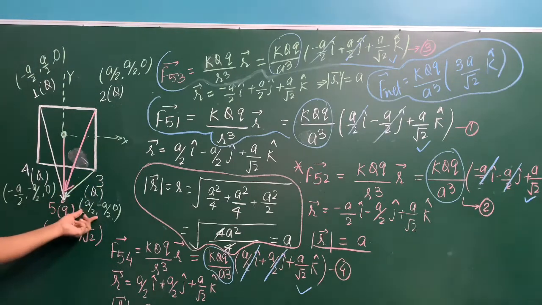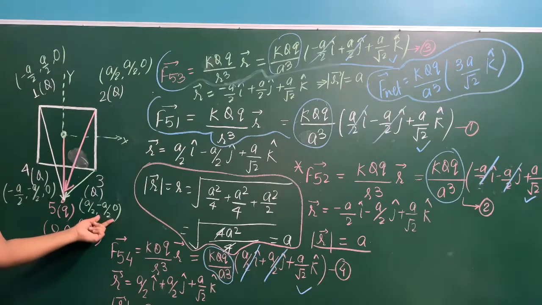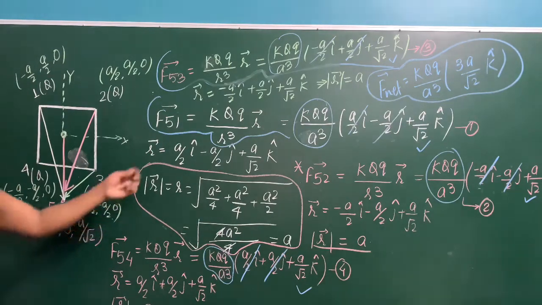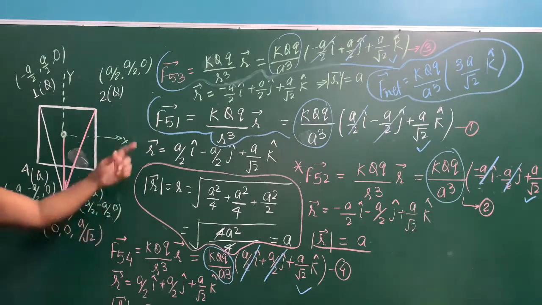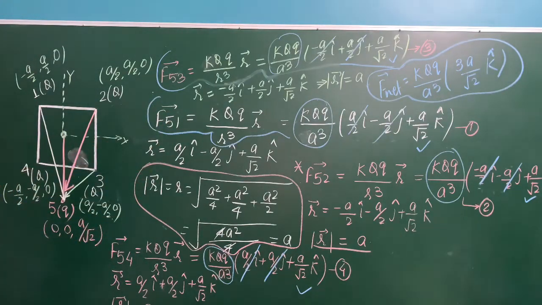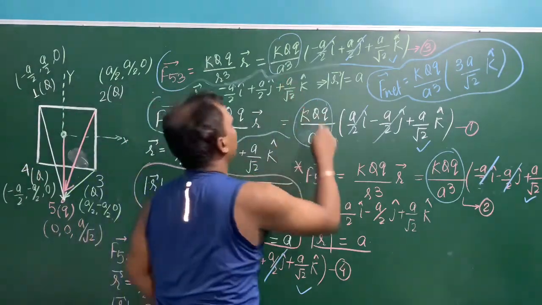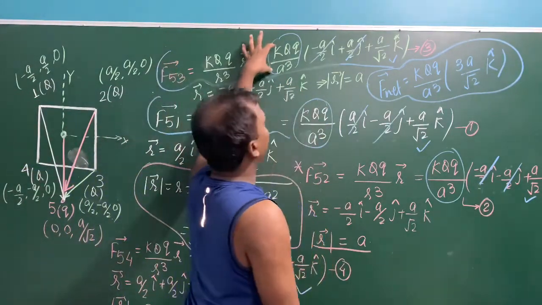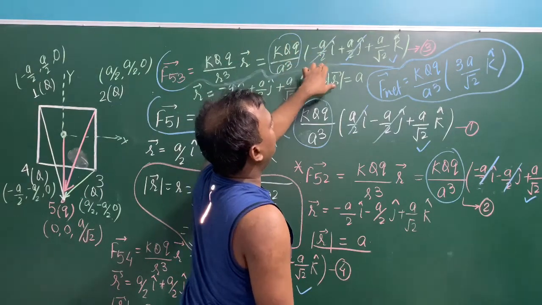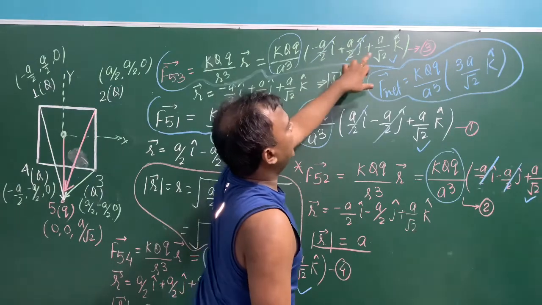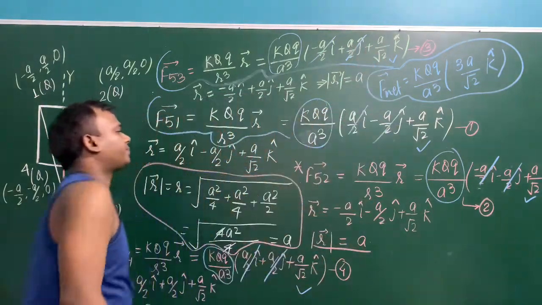So 0 minus a by 2, that is minus a by 2 i cap; 0 minus a by 2, that is plus a by 2, that's why plus a by 2 j cap; and a by root 2 minus 0, that is a by root 2 k cap. Again the mod of R vector will be a. That's why force on 5 due to 3 will be equal to K capital Q small q divided by a cube into minus a by 2 i cap plus a by 2 j cap plus a by root 2 k cap. This is equation number 3.